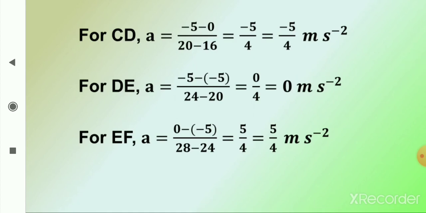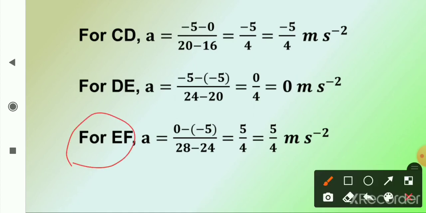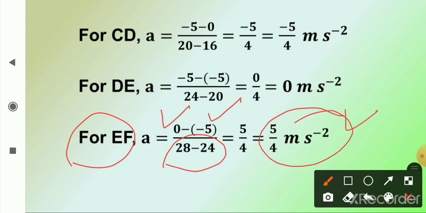And for the last segment EF, final velocity is 0, initial velocity is minus 5. So 0 minus minus 5 upon final time minus initial time, and that is 5 upon 4 meter per second square. So it is a positive acceleration.